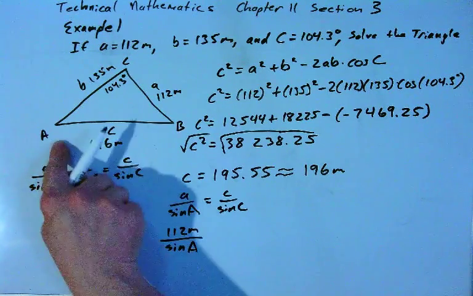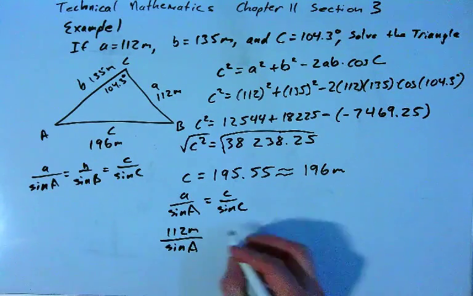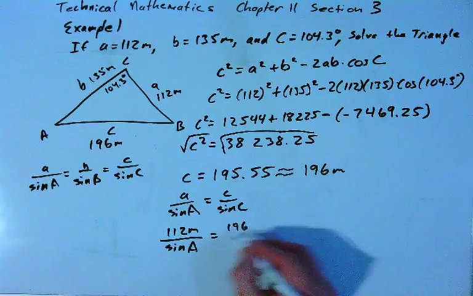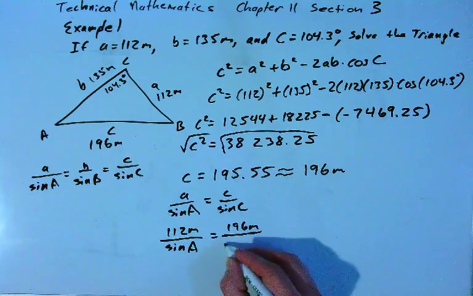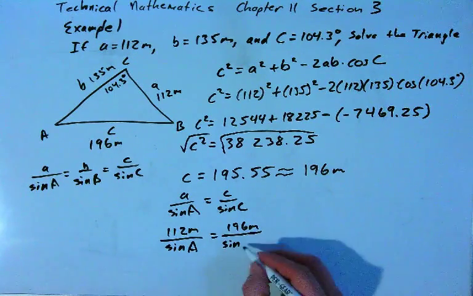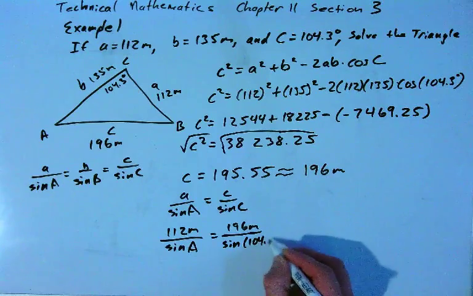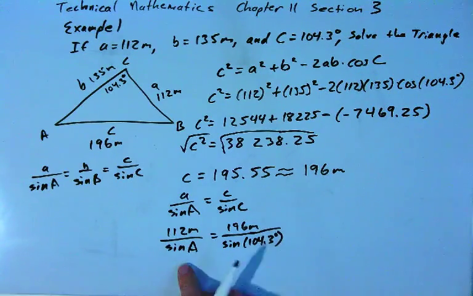The angle A is what I'm looking for. Side C is 196 meters, divided by the sine of C, which is 104.3 degrees. And so I want to get sine A out of the denominator.